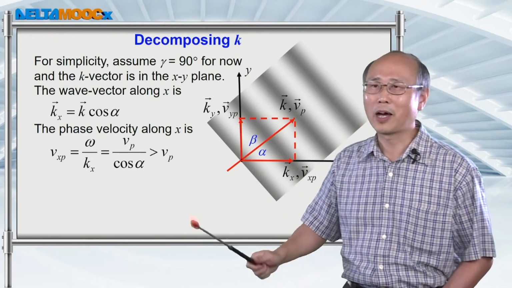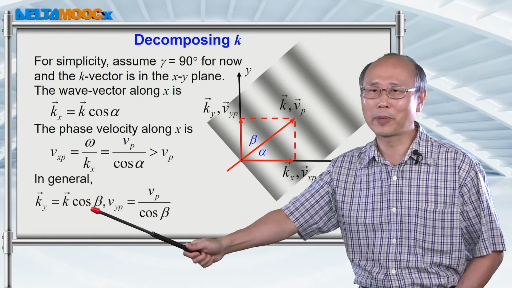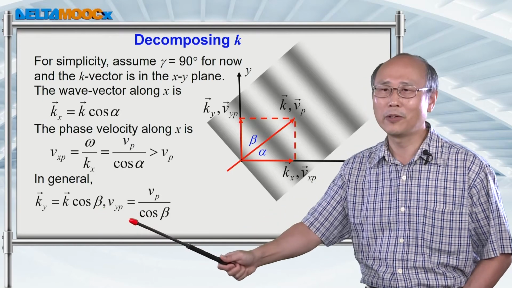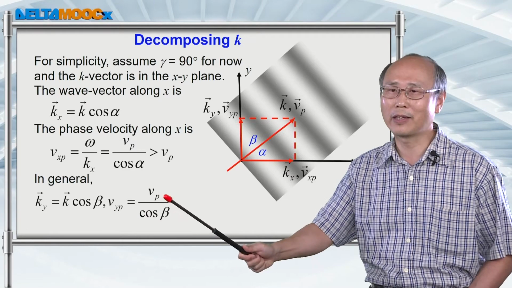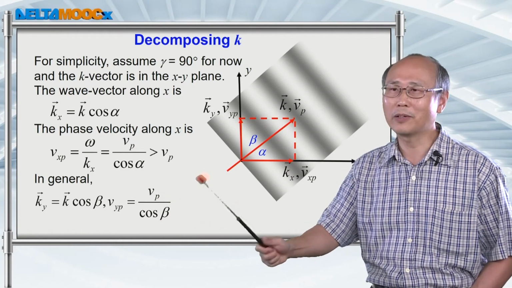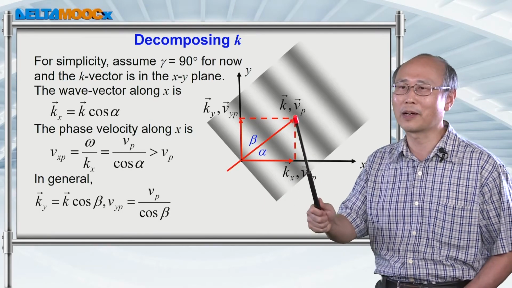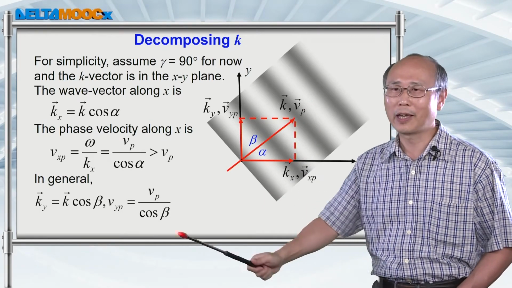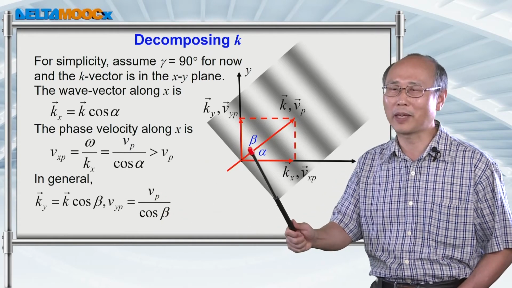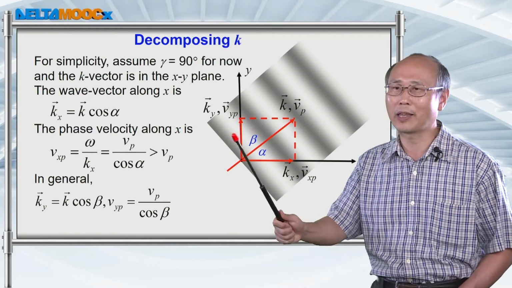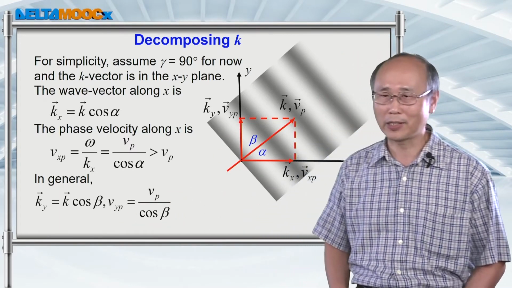So with ky equal to k multiplied by cosine beta, you can also deduce a phase velocity along y, and it is equal to Vp, the phase velocity along the wavefront normal direction, divided by cosine beta. This beta is the angle between k and y. Then you end up having a phase velocity along the y direction.